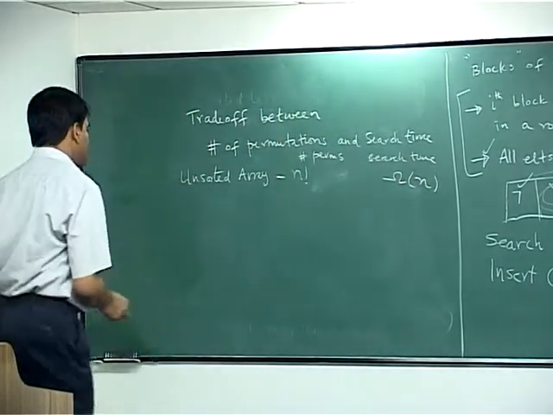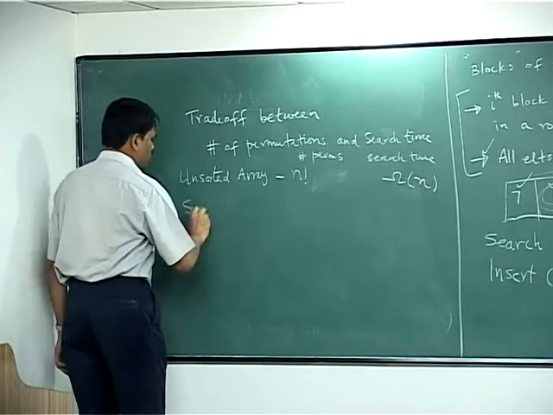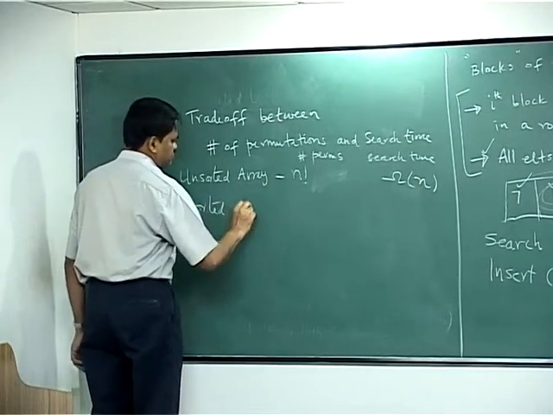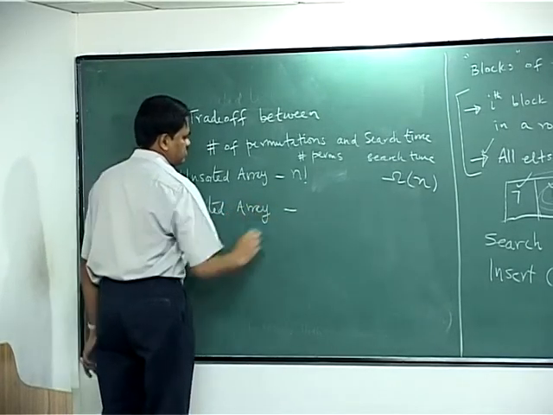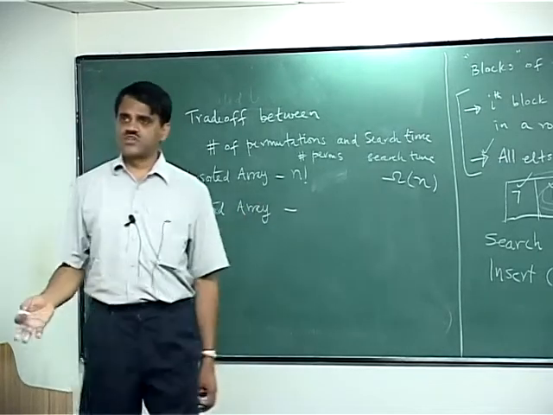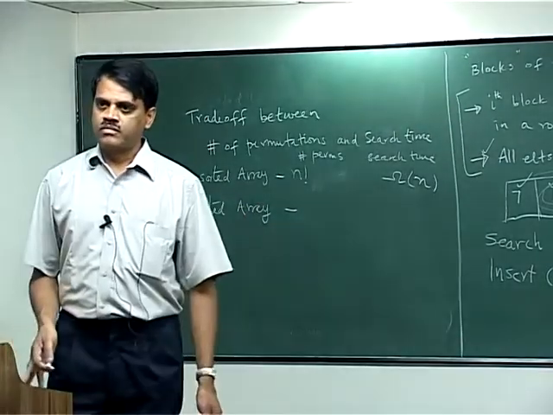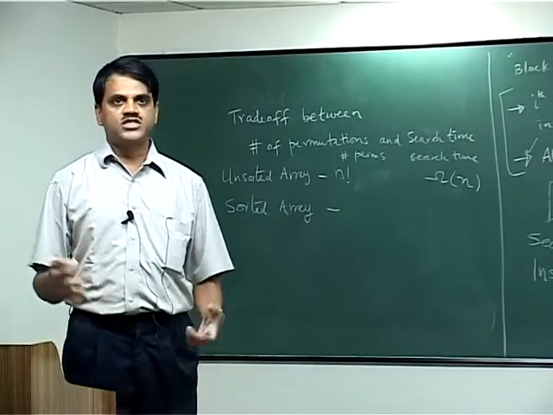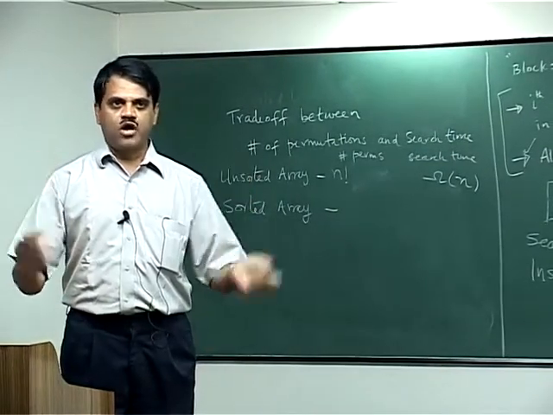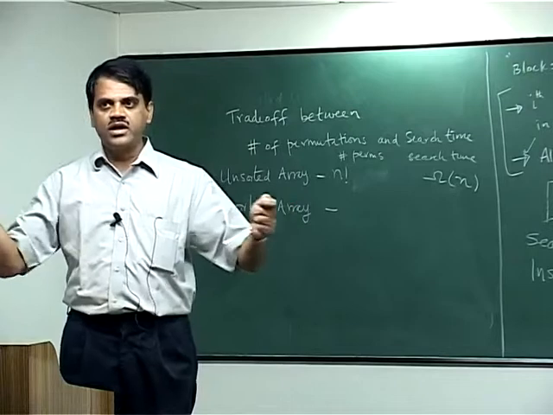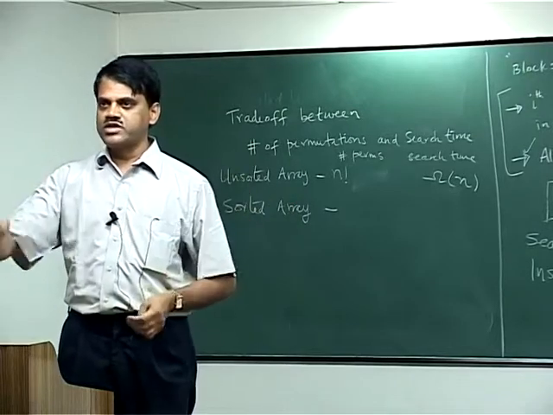The other extreme: you have a sorted array. How many permutations of the input are allowed? Only one. It has to be the smallest element, then the second smallest element, and that is it.